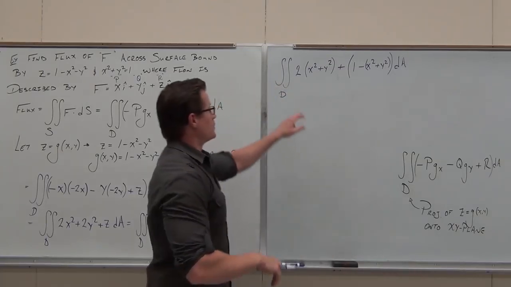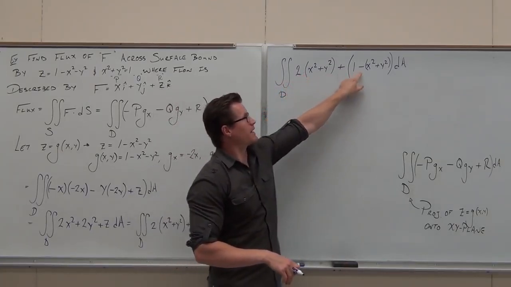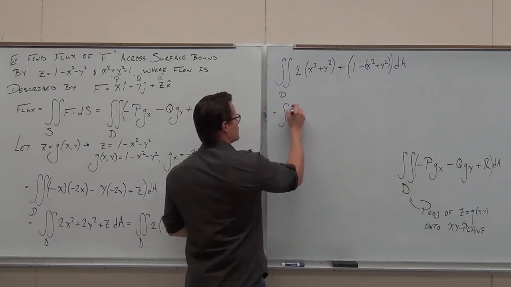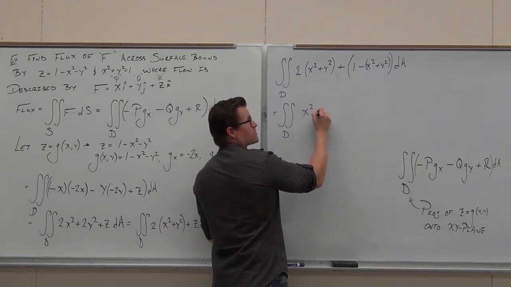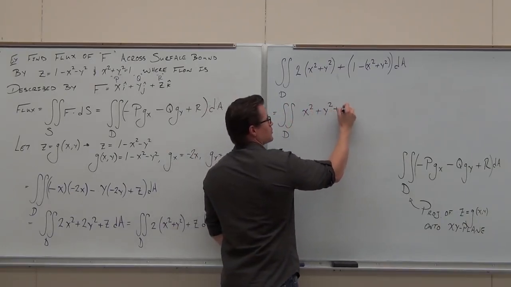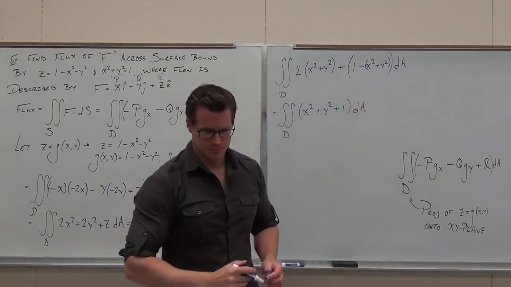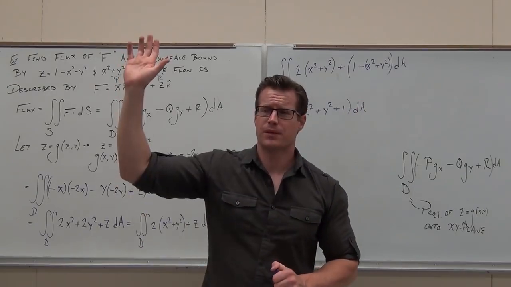Hey, you got 2, this is what I factored, by the way. You got 2 of these things minus 1 of those things. You got 1 of those things plus 1, dA.